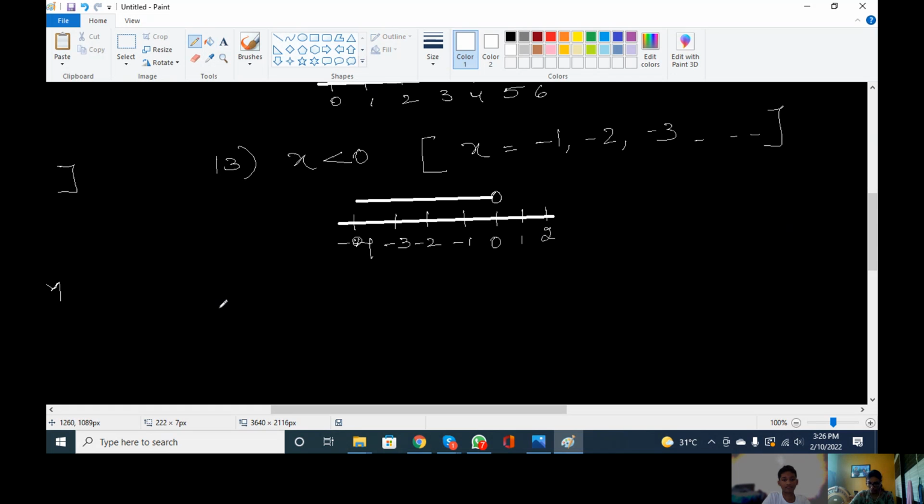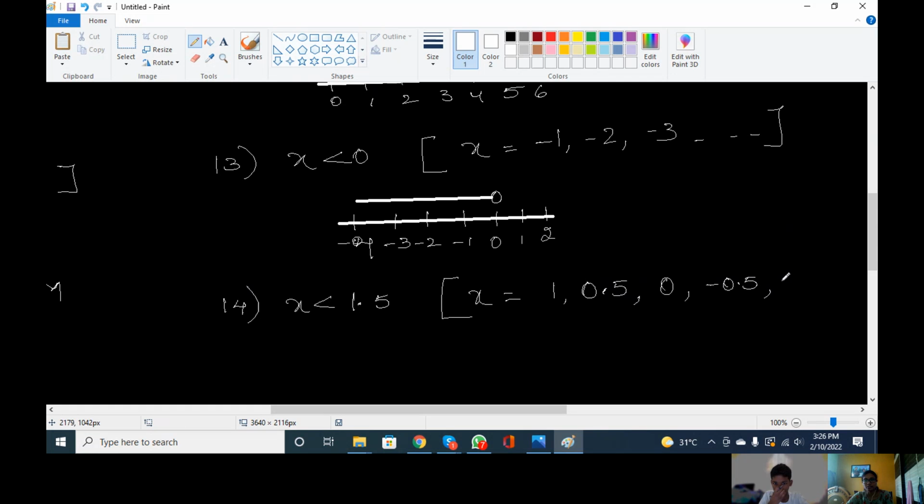Last one, the 14th question. X is less than 1.5. So the values less than 1.5 are 1, 0, negative 0.5, -1, and so on. These are all less than 1.5.